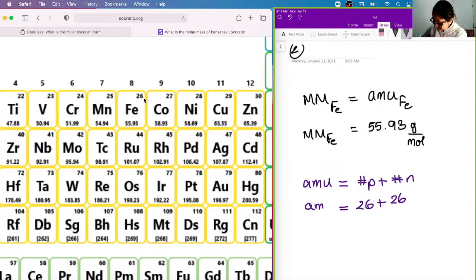And so we can add these together, so you get 52 for your iron, and in this case you can see it's 55.93. So from this you can say that your neutrons is probably a bit higher than your protons, so we can say that this is around, let's say, 29.